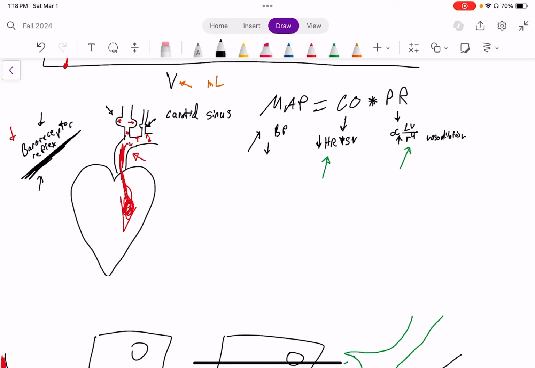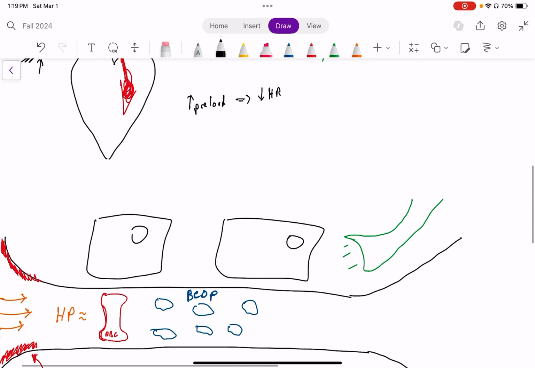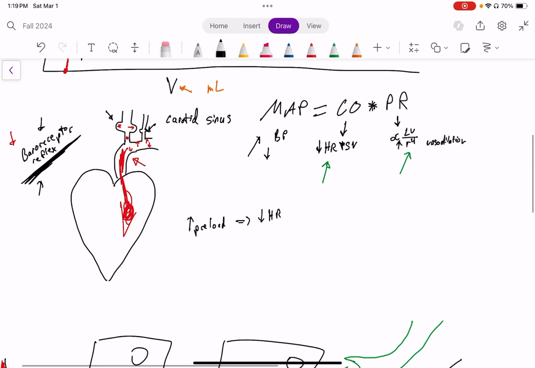That will mean that stroke volume increases, which means that the blood pressure in the aorta will be higher. And then those baroreceptors will sense that and will then tell the body to decrease heart rate. Okay. So for an example, increased preload would lead to decreased heart rate. Great. That's the baroreceptor reflex.